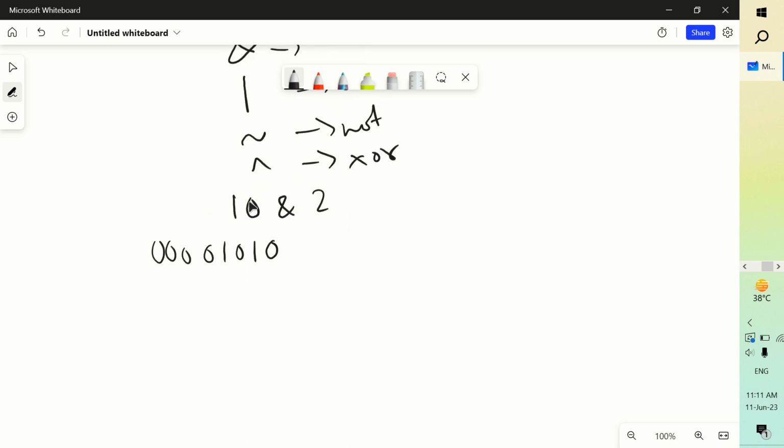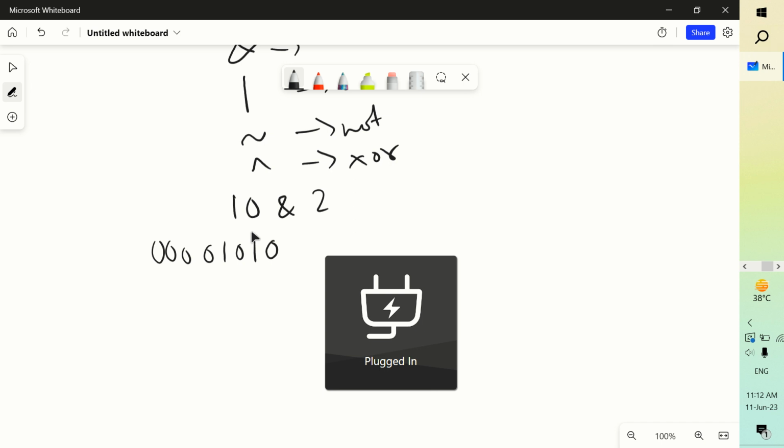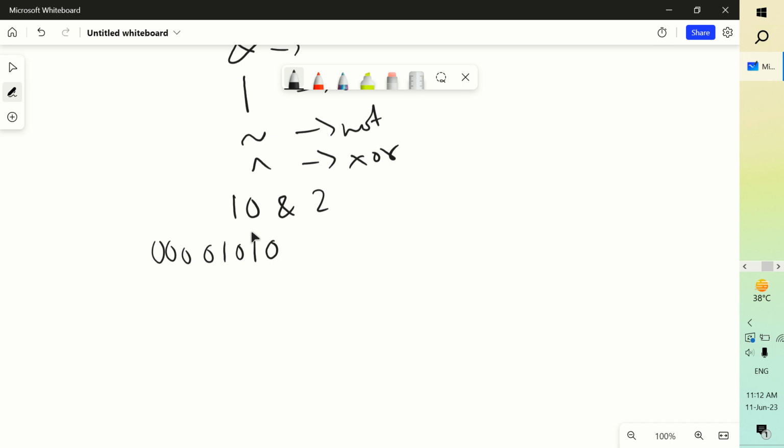So let's say I want to do 10 bitwise AND 2. So I need to first convert 10 to binary digits and then convert 2 to binary digits.